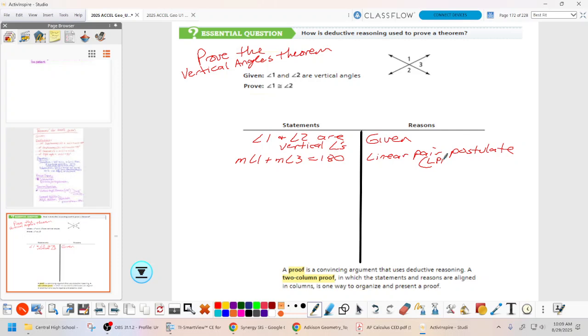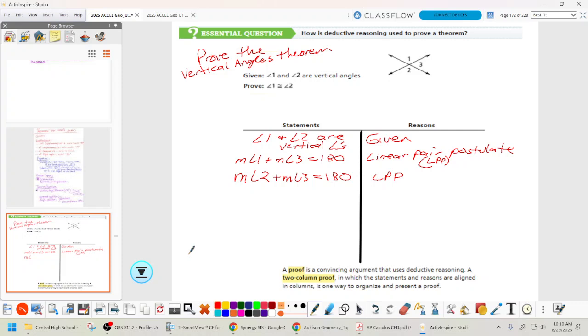And you can abbreviate that LPP if you want. Okay, here's what we said. Measure of angle 2 plus measure of angle 3 equals 180. That's also true, and it's also because of the same reason, the linear pair postulate.